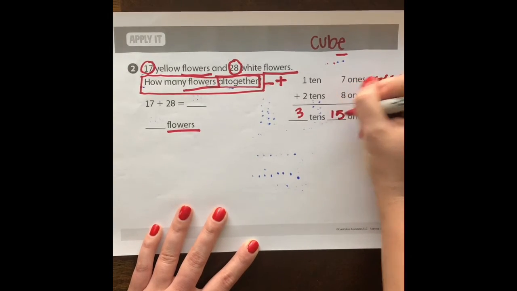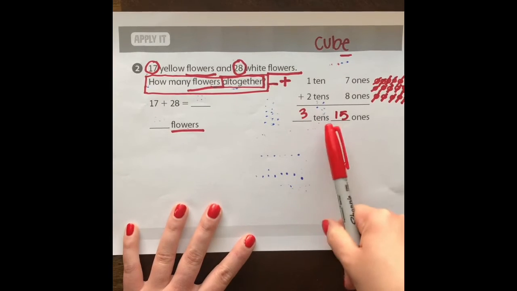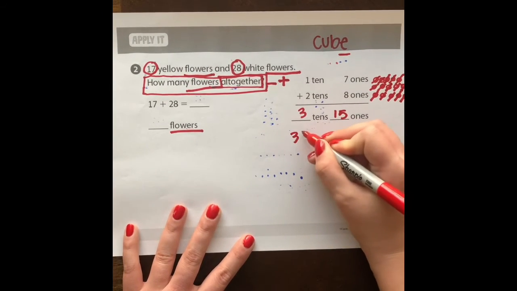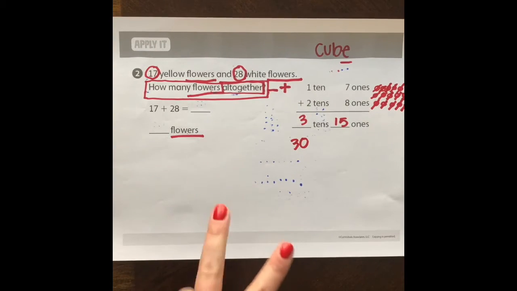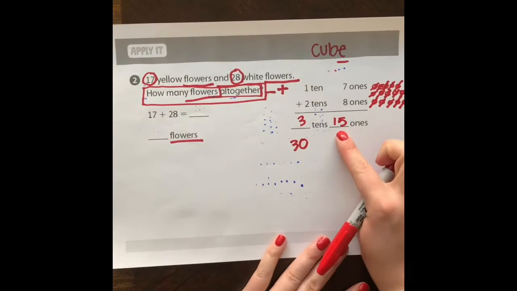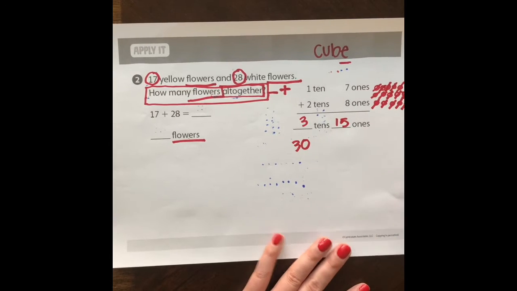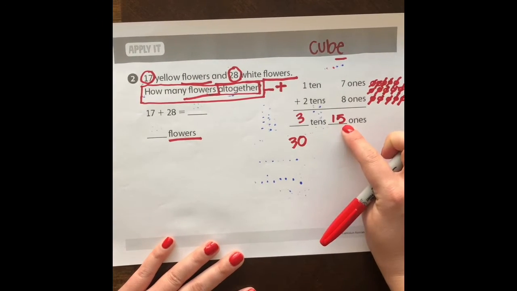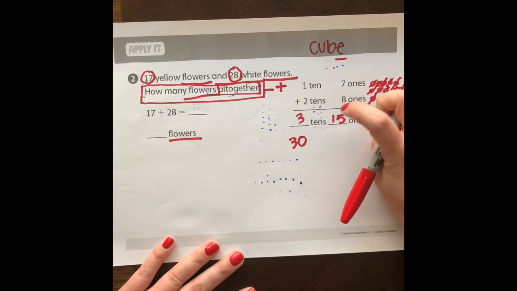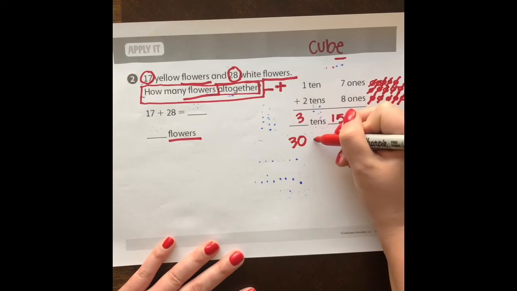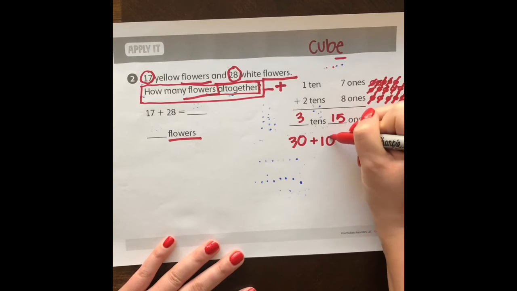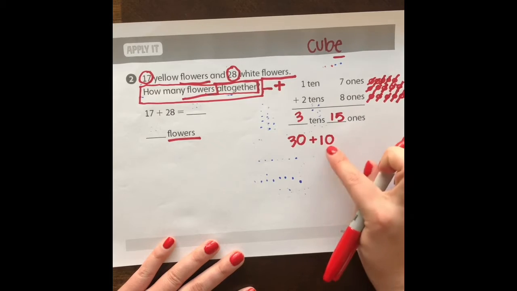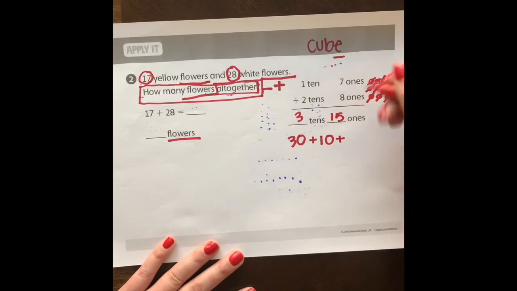Yeah, 15 ones. 3 tens and 15 ones. So 3 tens is 30, 10, 20, 30. And with the number 15, we can actually break this down further just like we did before. From 15, we know we have a 5 in the ones place and a 1 in the tens place. That means that we can pull a 10 from 15 because 15 has 1 ten. So we wrote that here. And how many ones do we have left over?